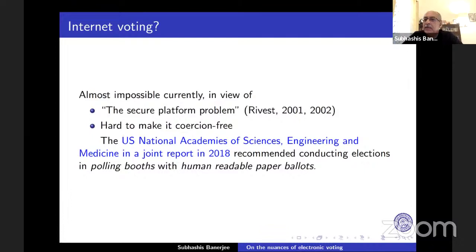So it is impossible to make it coercion free, especially in somebody's home. Even if we can discount the neighborhood gunda telling you to share your screen before you vote and show who you're voting for, even between husband and wife, making it coercion free is a little bit tricky. So the polling booth is probably the only option. There is also this extremely hard problem that Rivers pointed out, called the secure platform problem: you may own a laptop or a mobile phone, but very few people really understand how they work.